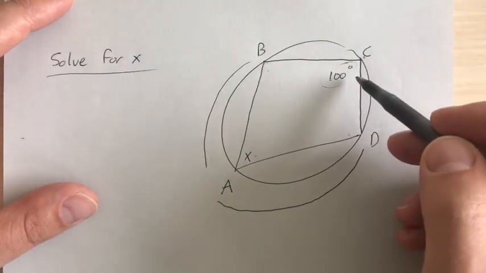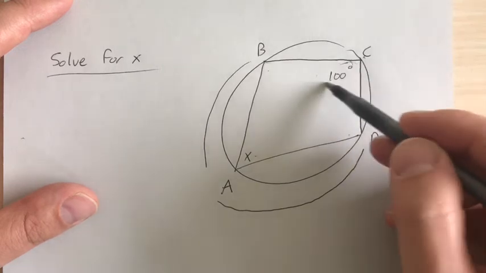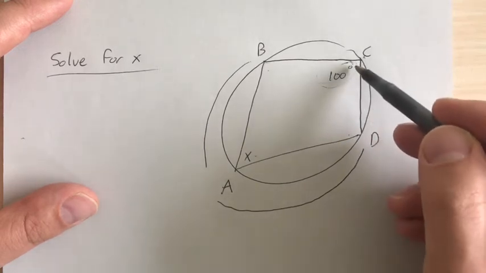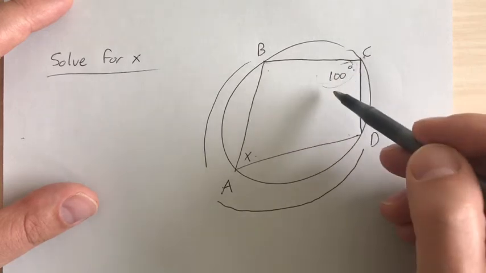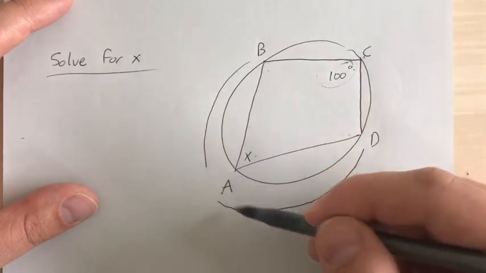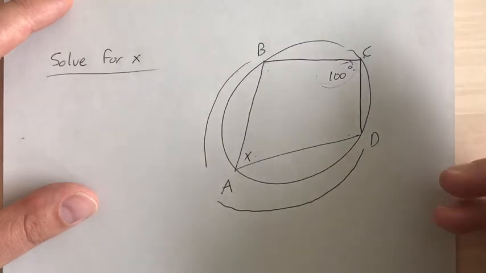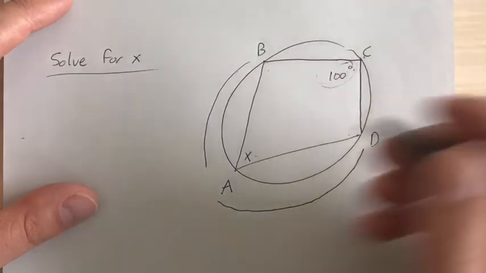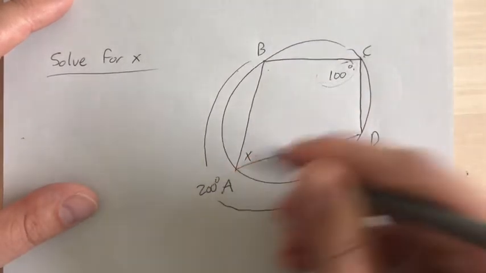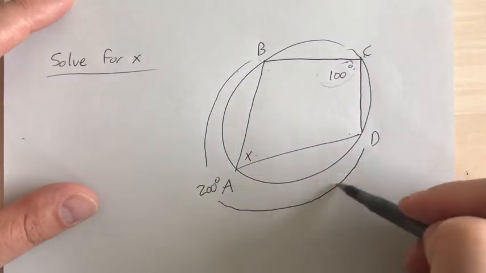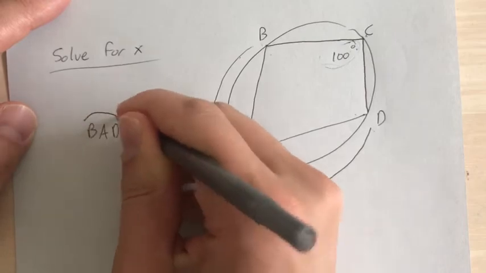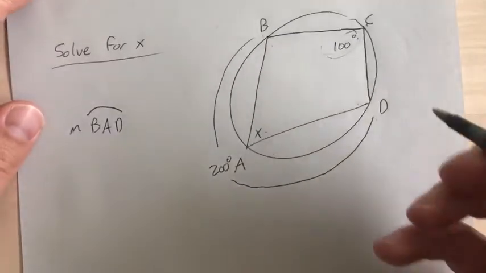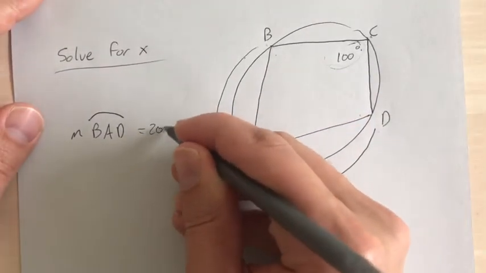So the measure of that arc would be double this number, because this is just the inscribed angle, not the central angle. So if I want to find the central angle, aka the measure of that arc, I would double that number. So 100 times 2 is 200. So this whole arc from B through A to D, you would probably label it like this: the measure of that arc is equal to 200 degrees.